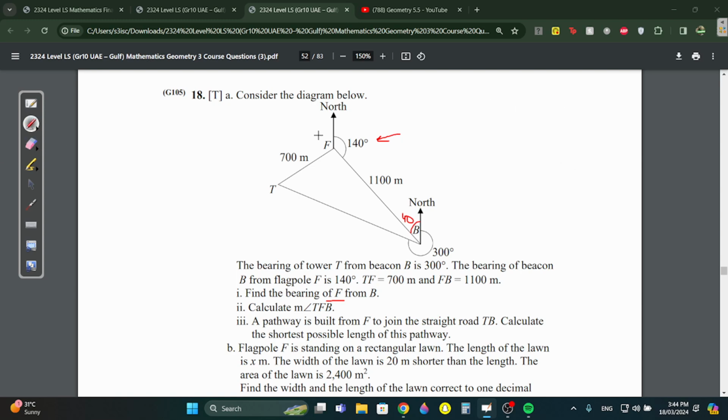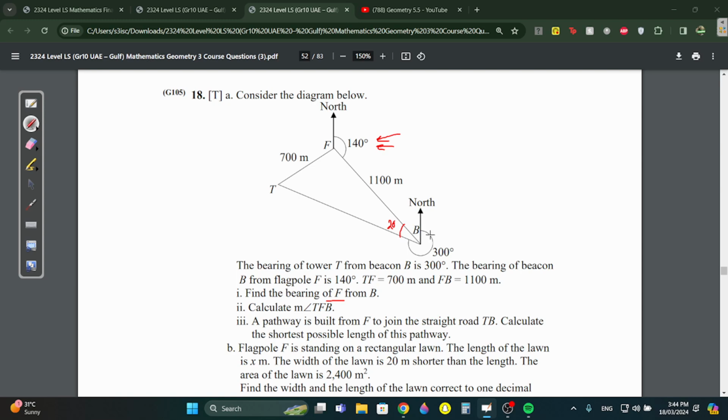So this 140 means here it has to be 40. You know the whole thing is 360, so this part will be 360 minus this 40, minus this 300. It's 20 degrees for this small part here.